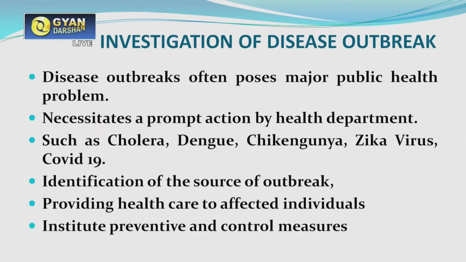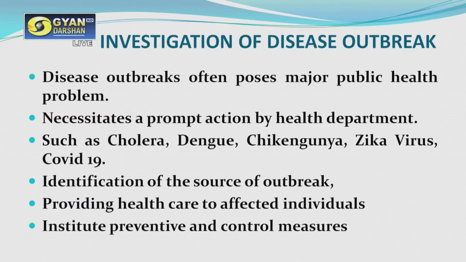It is important to identify the source of the outbreak, and if you know the source of the outbreak, only then can you take corrective measures and provide health care to the affected individuals. Also, when you have identified it, only then are you able to institute preventive and control measures.